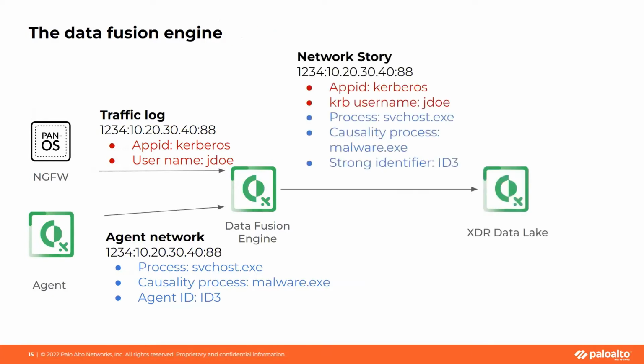Click, please. And in this case, the data fusion engine normalizes and stitches the data from both sources into one enriched story that has both agent operating system context as well as firewall DPI context, so that we can detect an attack based on the full story that we possess regarding the event.